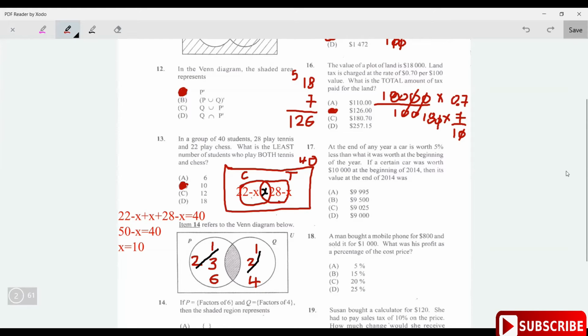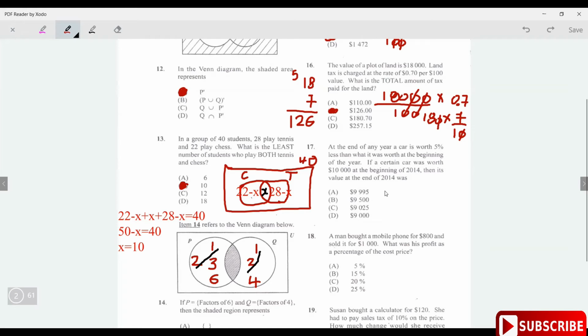Next. This question says, at the end of any year, a car is worth 5% less than what it is worth at the beginning of the year. If a certain car was worth 10,000 at the start of 2014, what is its value at the end of 2014? And so the car loses 5% of its value. And so we need to deduce what is 5% of 10,000 going to be, and then subtract it from 10,000 to find the value of the car at the end of the year.